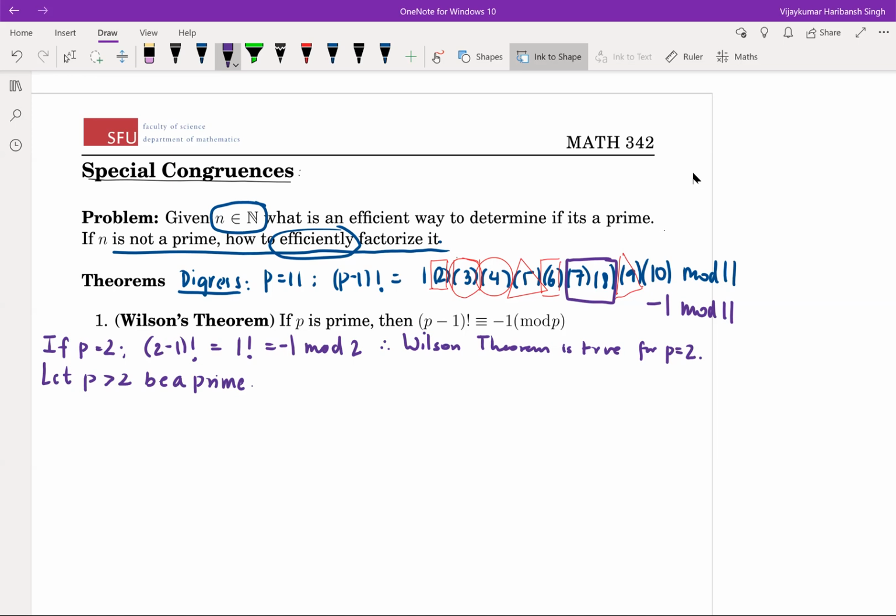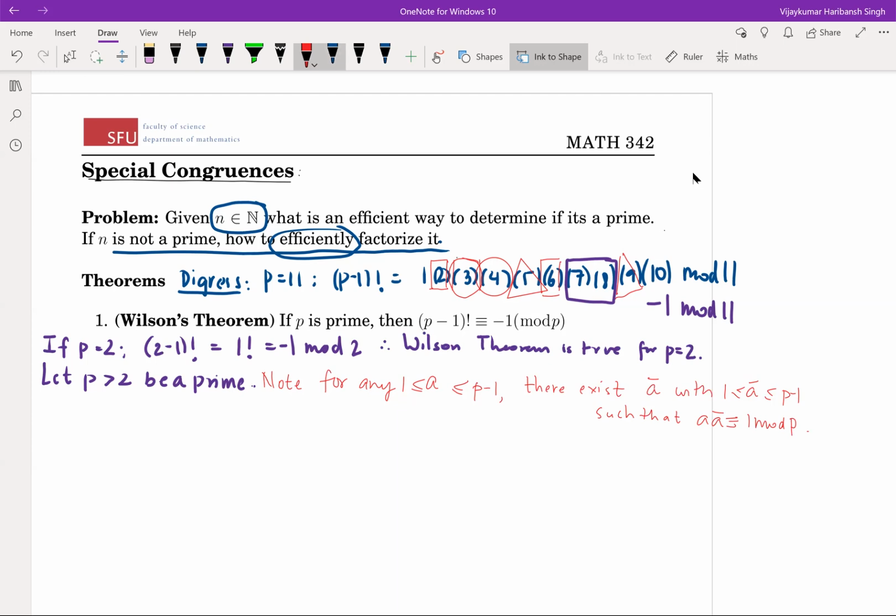In the same way, for any a between 1 and p minus 1, there exists an inverse, which we represent as a bar, with a bar also between 1 and p minus 1, such that a times a bar is congruent to 1 mod p. Note that this is true even for a composite number: instead of p, you can have n. All you need is that a is relatively coprime to n.